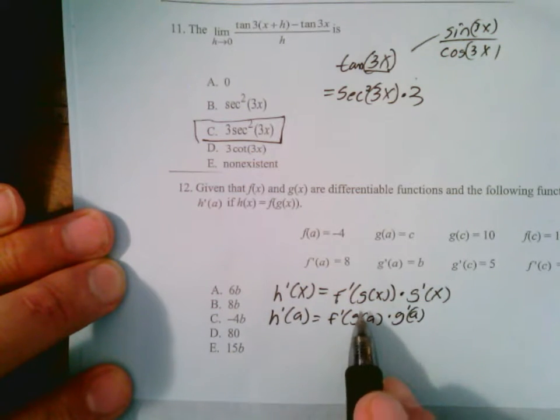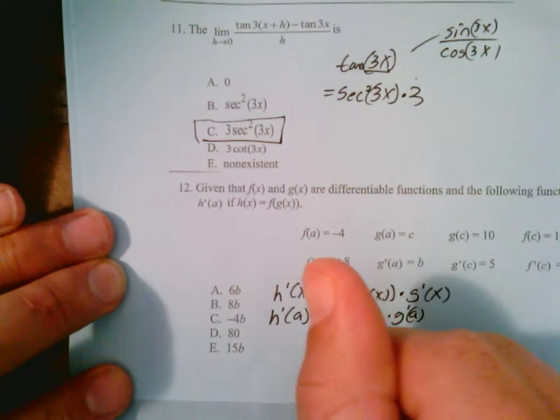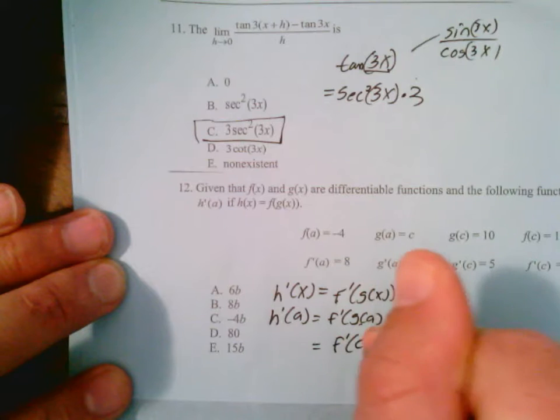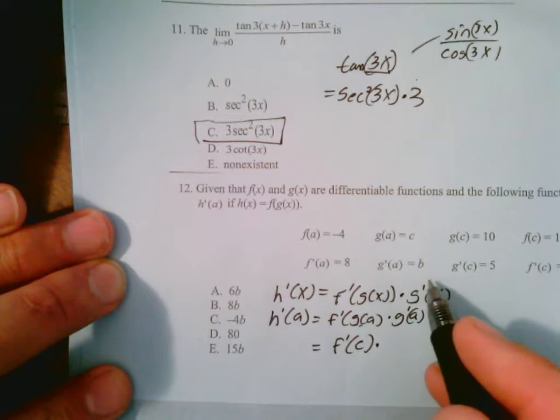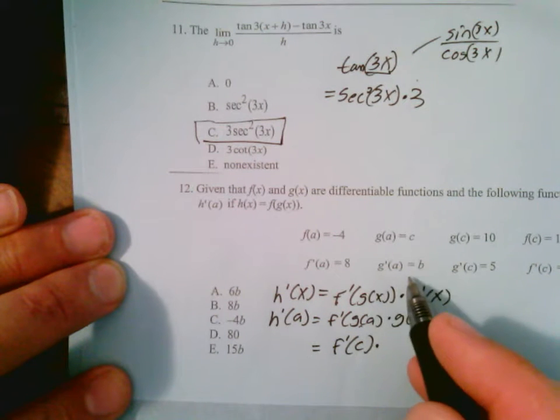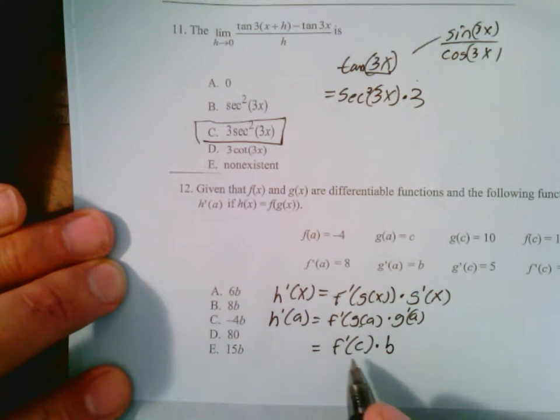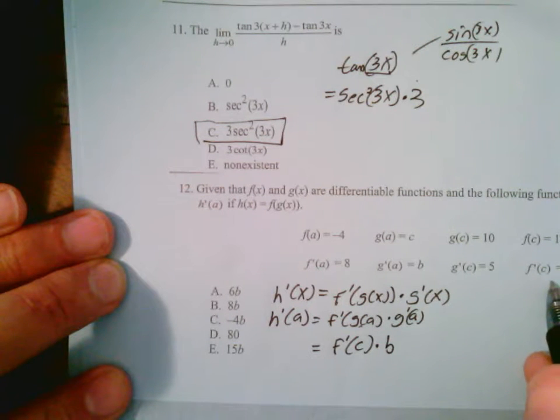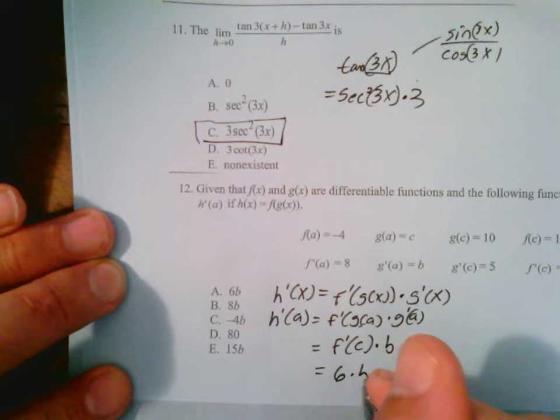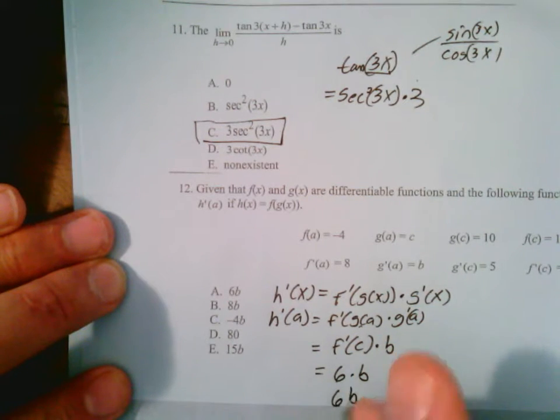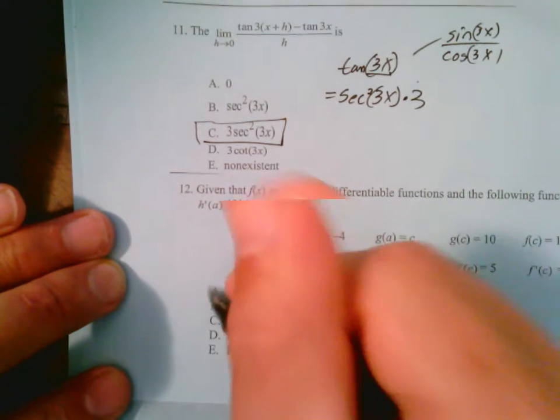G of a is c. G prime of a is b. F prime of c is 6. B is your answer.